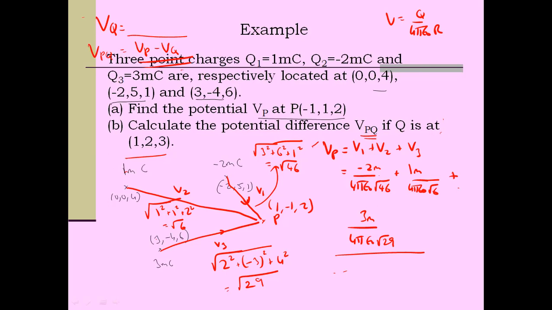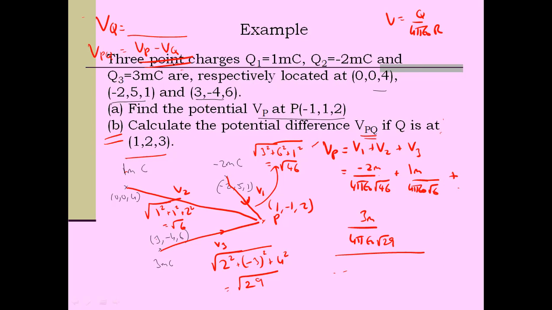For part B, you can try to solve this on your own, as long as you understand the first method from the first question just now. You must be able to calculate the potential at Q, and afterwards you can simply use both VP and VQ to find the potential difference.